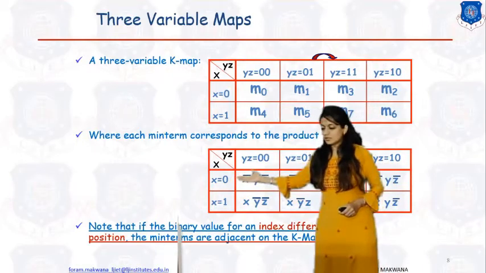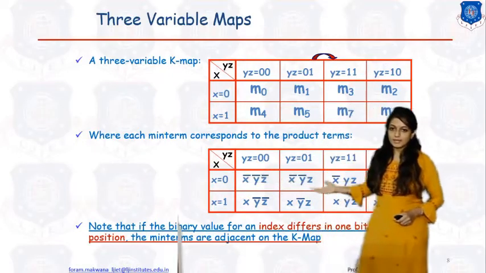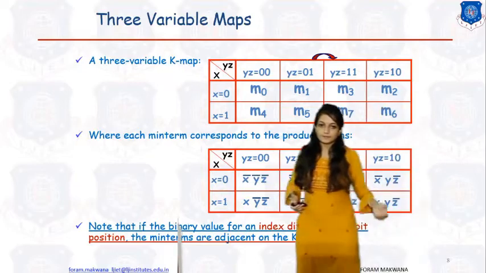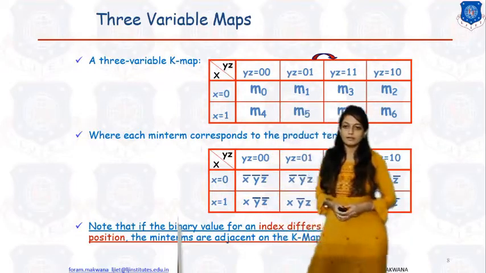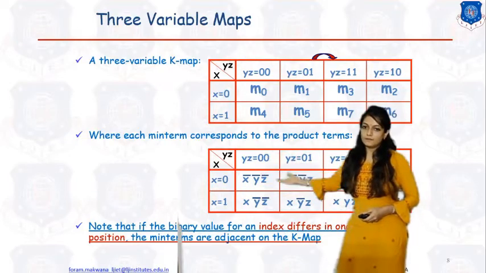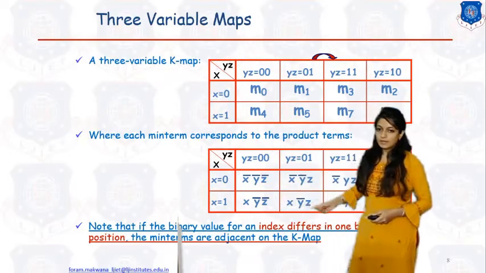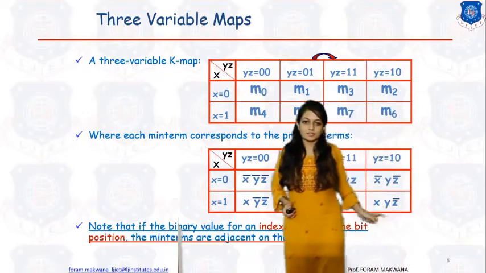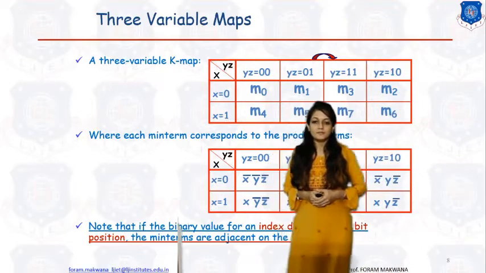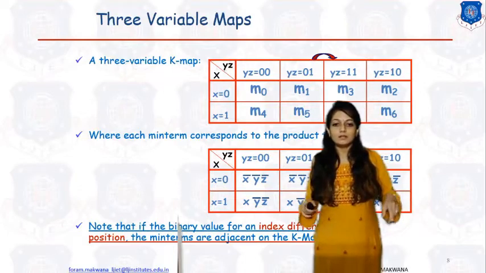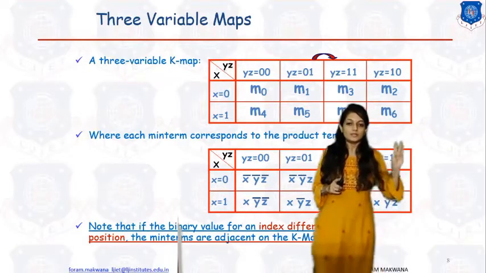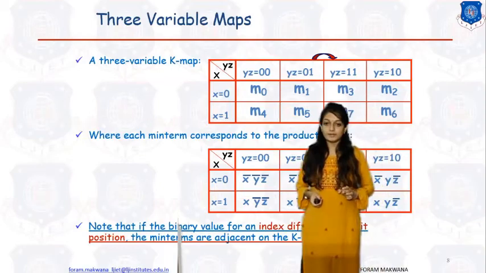Because x is equal to 0. x bar, x bar, y, z bar. Okay. Similarly for M4, M5, M7 and M6. Right? So this is the way you can write the min term in 3 variable K map. Alright?